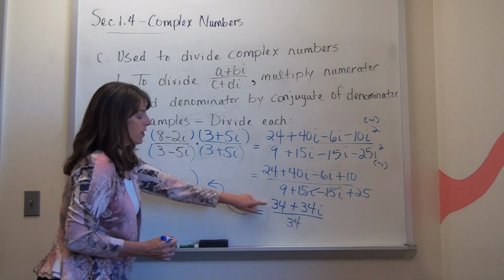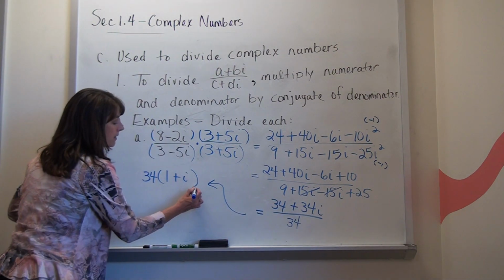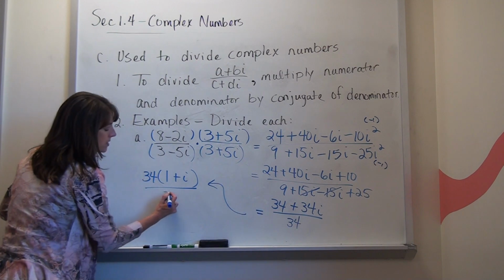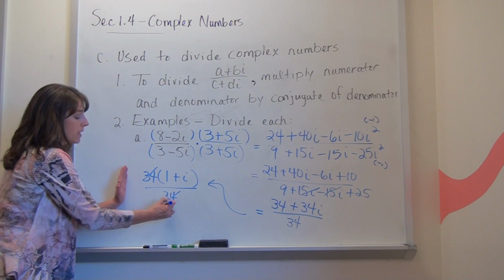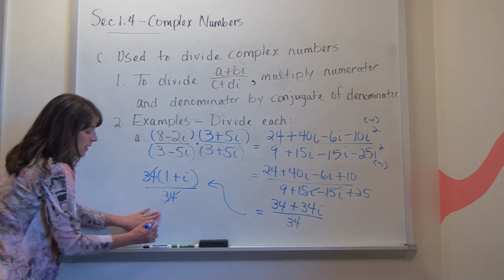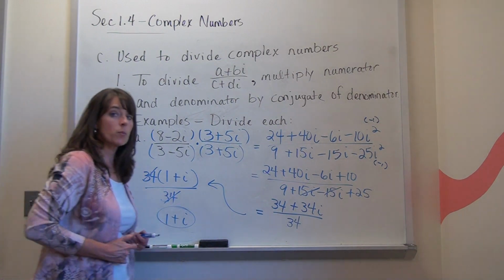When I divide a 34 out of here, I'm left with 1. When I divide a 34 out of here, I'm left with i. And then that denominator 34 will stay there. Now on the outside here, I can cancel these. Both of them will cancel out completely, and I'm left with just that 1 plus i. That's one way to simplify it.